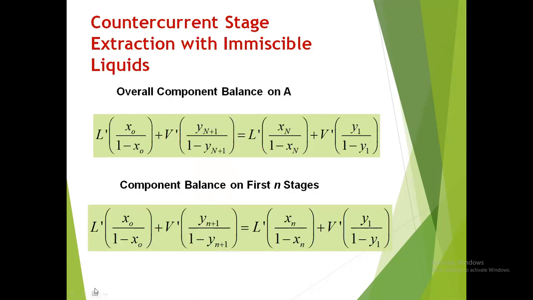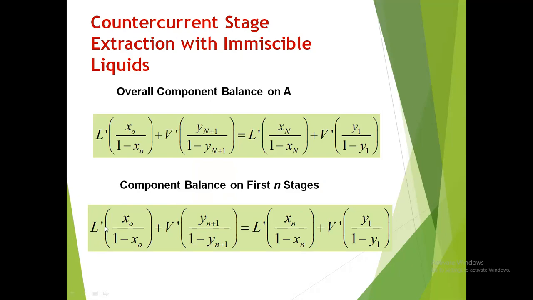Now, if in gas absorption or stripping, we made use of mole ratios rather than mole fraction, we can also use that in here, especially if the amounts of the phases that we are using are the inert parts of the phases only. Like for this instance, your L prime here is just the carrier solvent of your feed. It does not take into account the solute.